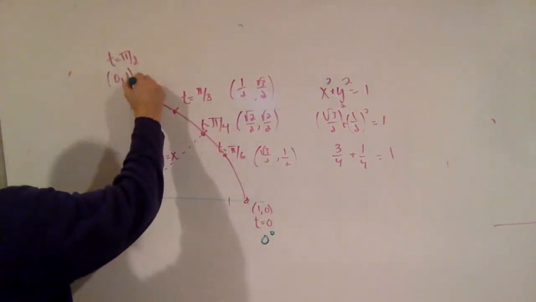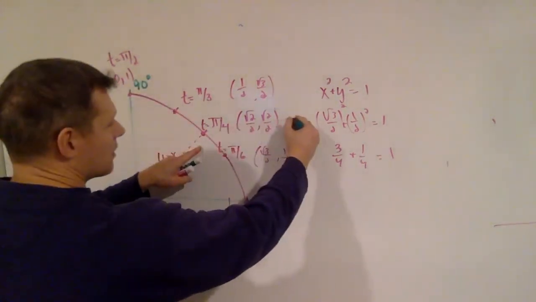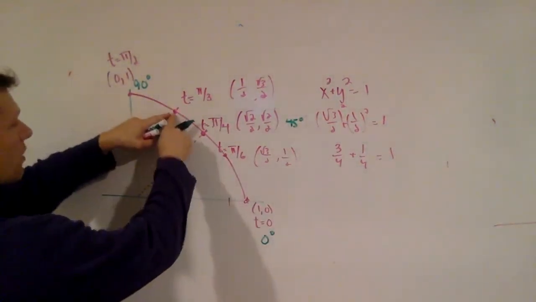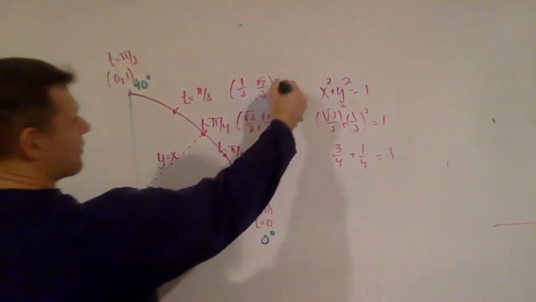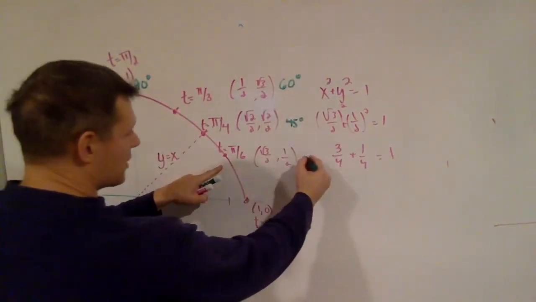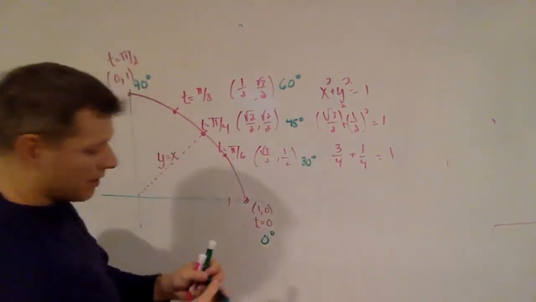And this would be 90 degrees if I rotated this way. And this would be 45 degrees. Well, it turns out if this is 1/3 of 180, this one is 60 degrees. And it turns out that this one is 30 degrees because it's 1/6 of the way, okay?